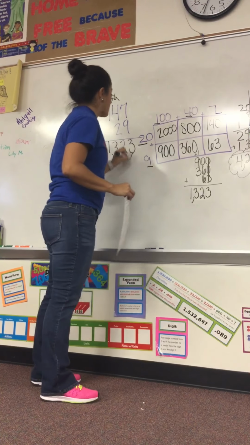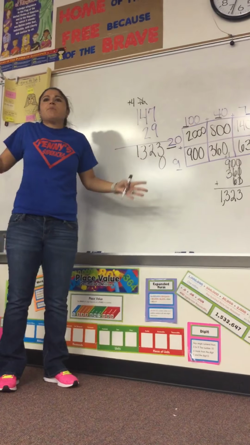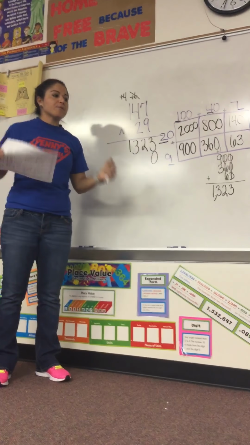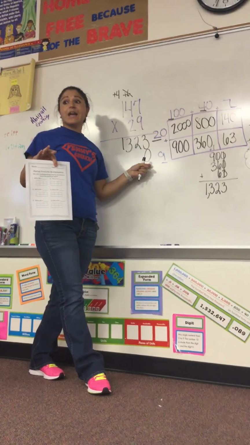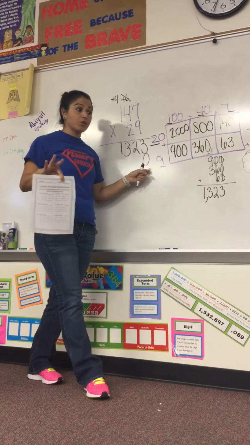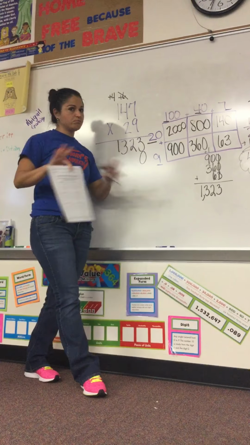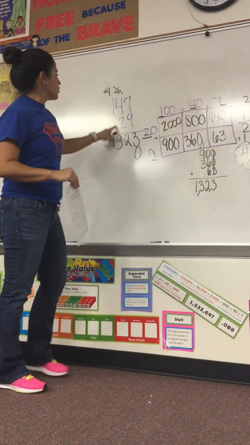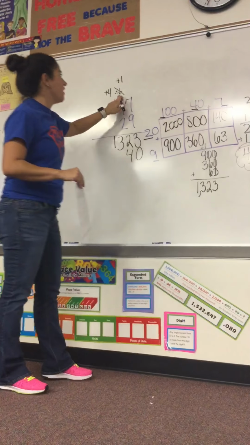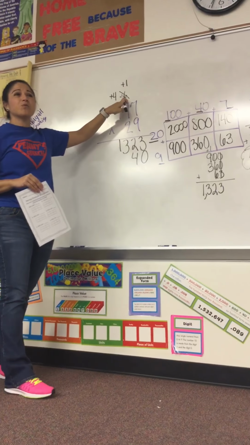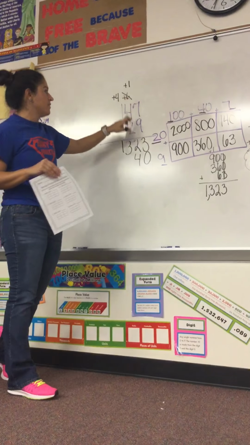Okay. This is my placeholder 0, my cannonball, my turtle egg. Whatever method you use to remember that you need to put a 0 there, that needs to happen. Cannonball, turtle egg, placeholder, needs to be there. 2 times 7 is 14, so I write my 4 and my plus 1. That's why I make my markouts so that I don't get confused when I have to come back up and add.